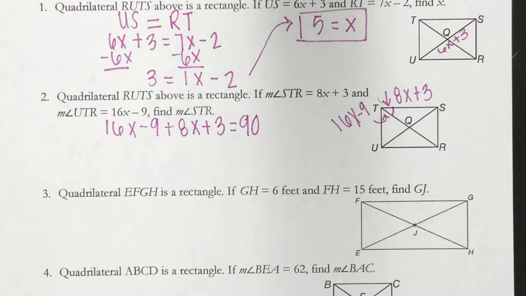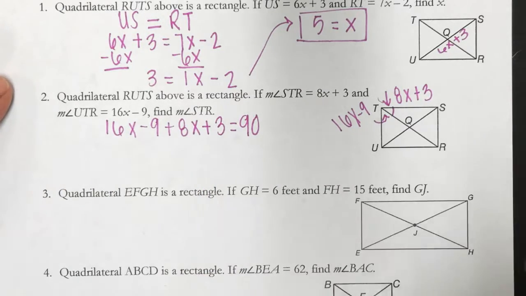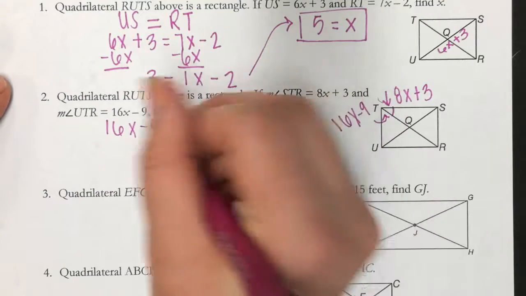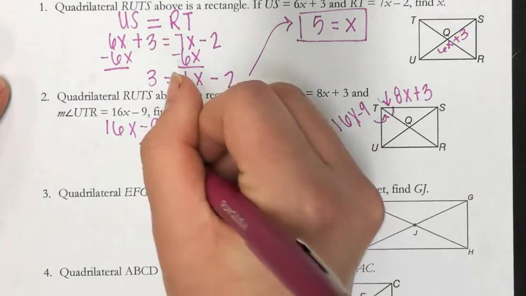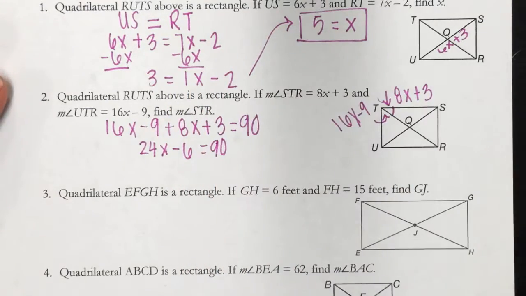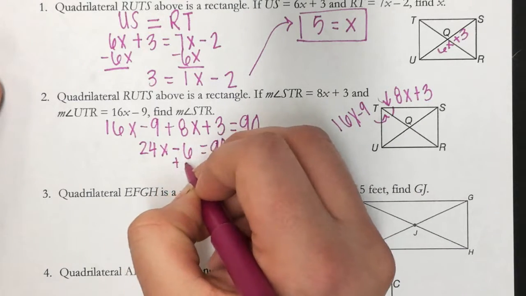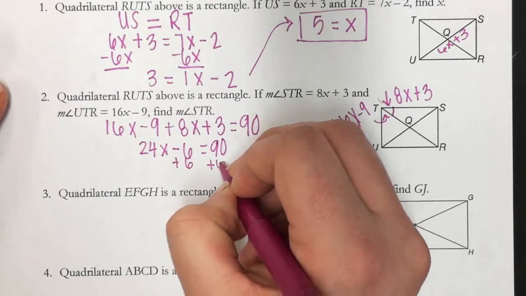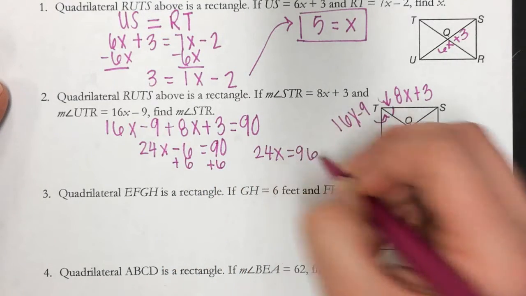Before you start moving stuff around, combine these. 16 plus 8 is 24x. Negative 9 plus 3, negative 6, is equal to 90. Now you can start moving stuff. When we move negative 6, we have to add it. So 24x is equal to 96.